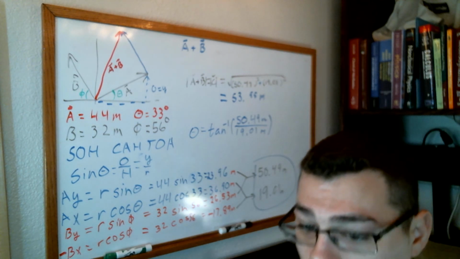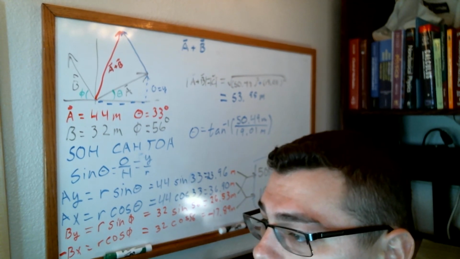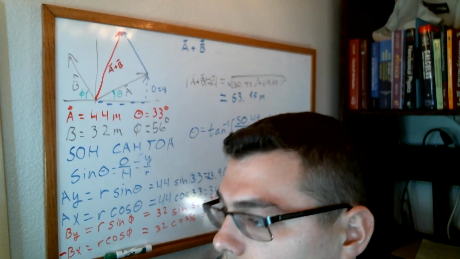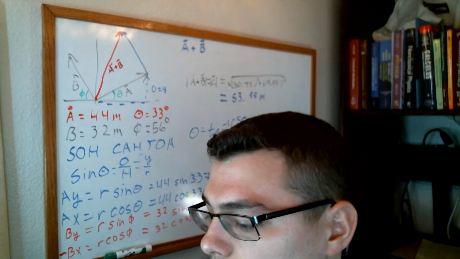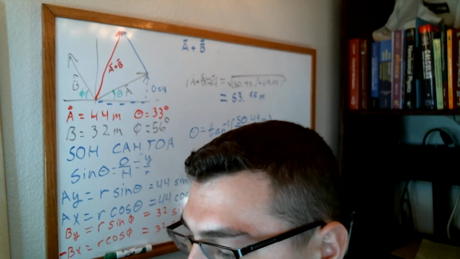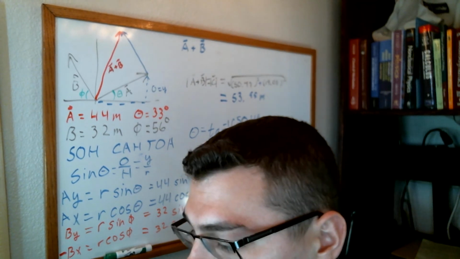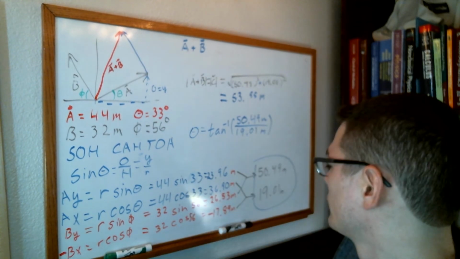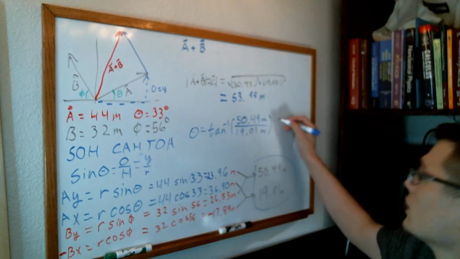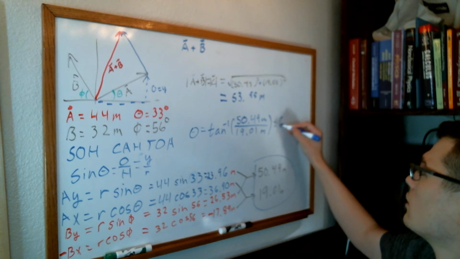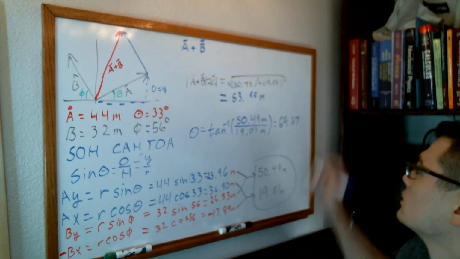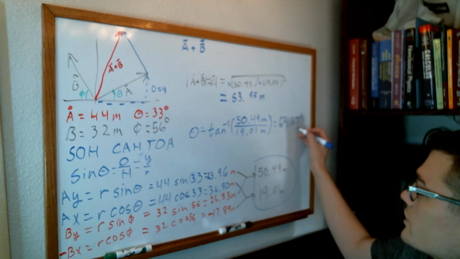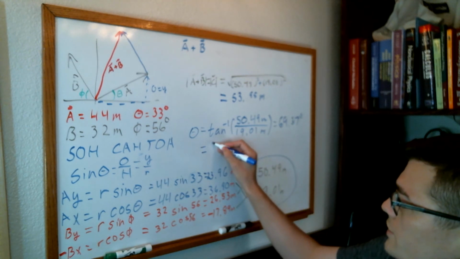And then you just need to plug that into your calculator, and that'll give you 69.37. Nice. And that'll be in degrees. And so now this problem has been solved. Again, this is 69.37. I'll write it down here so it's easier to see.